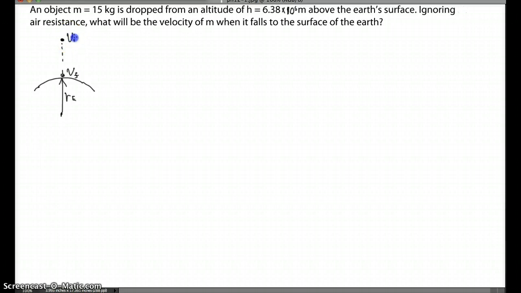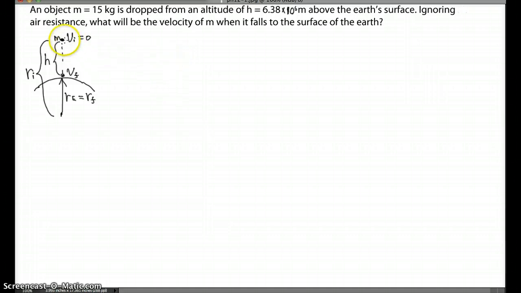So obviously the initial velocity equals 0, and then this is the h, and this is going to be the initial distance between the Earth and the M, right? And this is the final position, so RE is equal to the final distance between the Earth and the M.